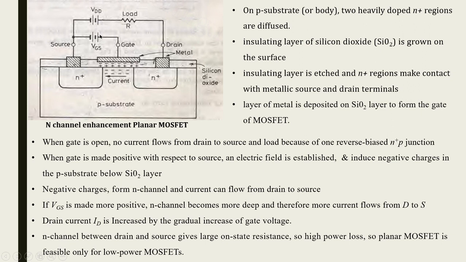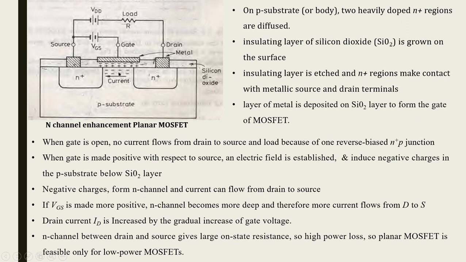So if a positive voltage is given to this gate terminal, here everything will be positive. Then this side of the dielectric medium will be positive and this side will be negative. So in this P substrate region, negative charge is accumulated here.